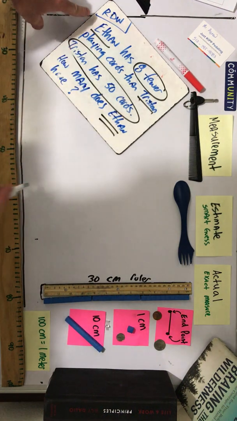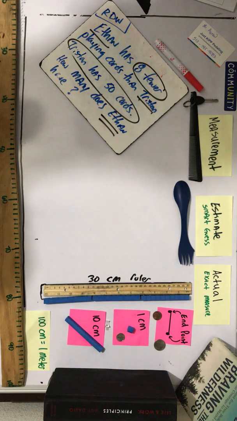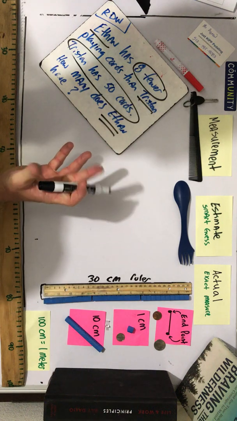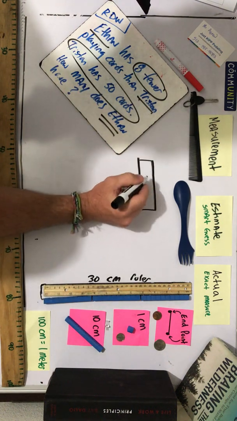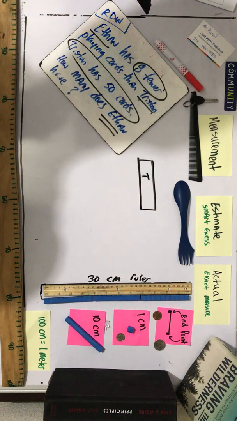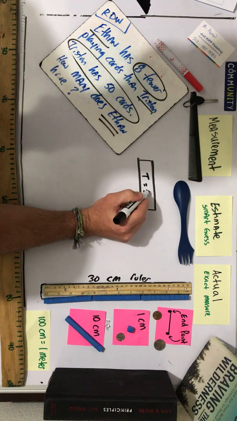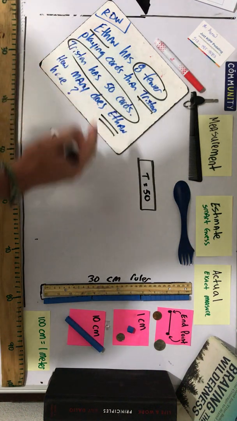So I'm going to draw my picture. We did the reading part. Now we're going to draw it. Ethan has 8 fewer. We don't really know how many he has yet. Tristan, I'm going to put a T. Tristan has 50 cards. Ethan has 8 fewer.